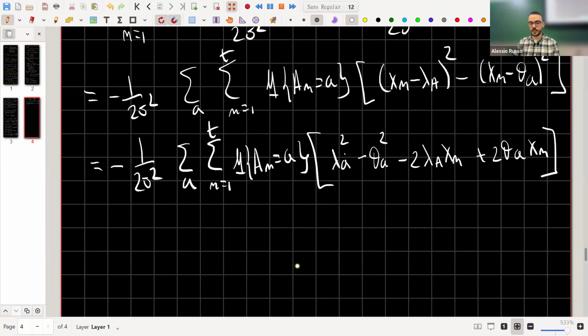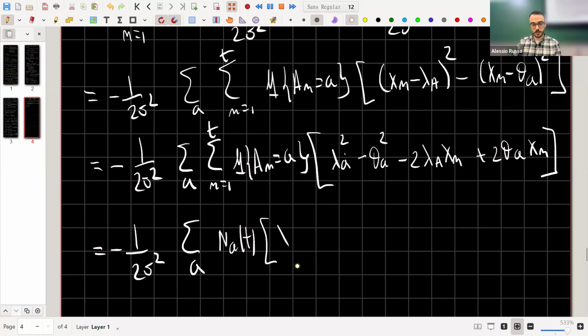So now notice that when you sum over n, this is simply the number of times you selected arm A. So this becomes NAT for these two terms. So we have NAT that multiplies lambda a squared minus theta a squared. And what about the other two terms? This is a constant in time. This is also a constant. We just have the sum over n of xn.